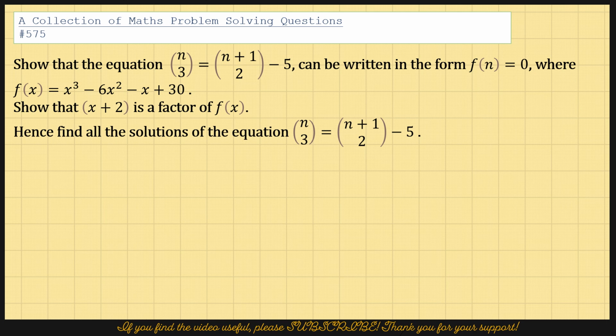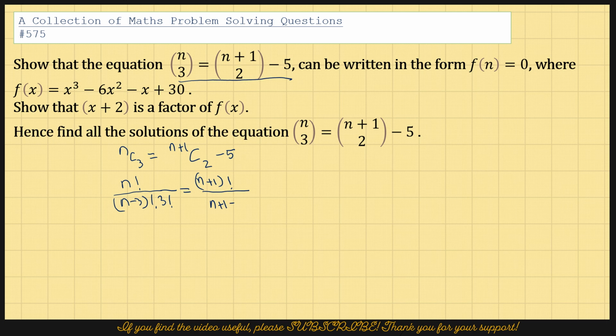So for this, we can start with nC3 equals (n plus 1)C2 minus 5, and I can write this as n factorial divided by (n minus 3) factorial times 3 factorial, and that equals (n plus 1) factorial divided by (n plus 1 minus 2) factorial times 2 factorial, minus 5.